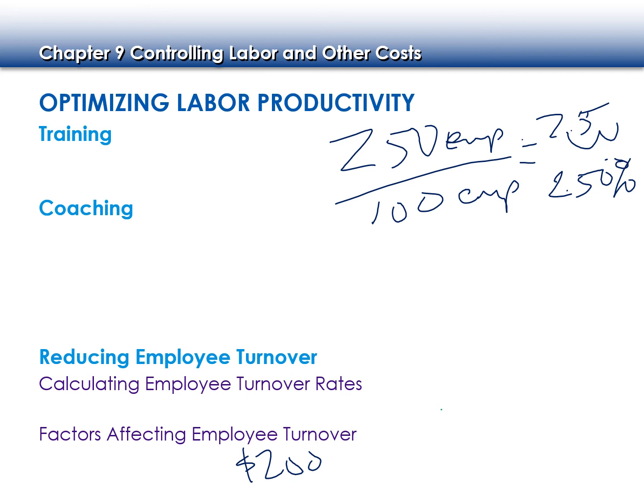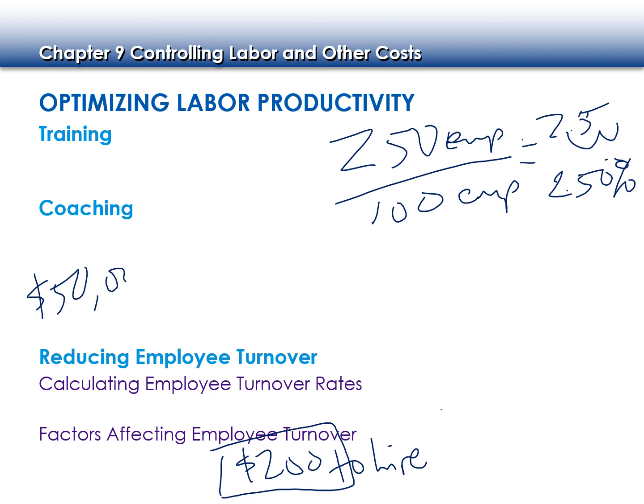So let's say it cost us $200 to hire somebody. So if I had to hire 250 employees, then essentially it cost me $50,000 during this year to hire 250 employees. Okay, $50,000 is quite a bit.